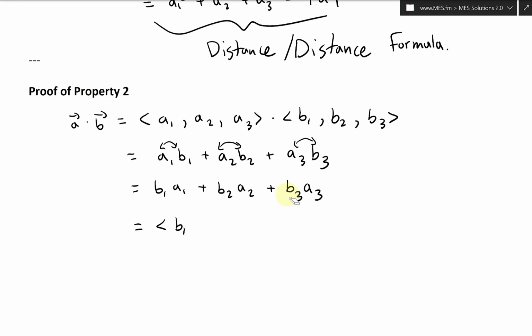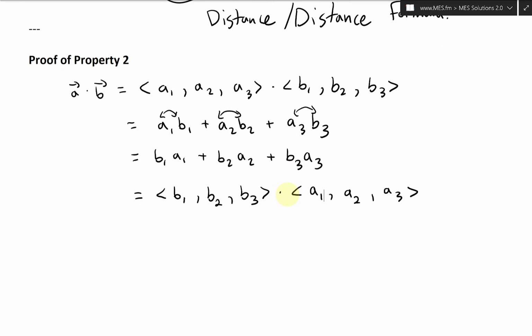This is going to be B1, B2, B3 dot A1, A2, A3. So in other words, this is just the B vector dot A vector, like that.